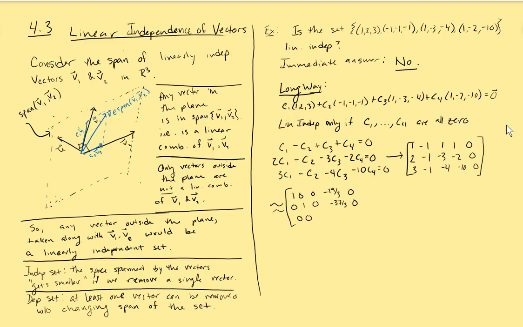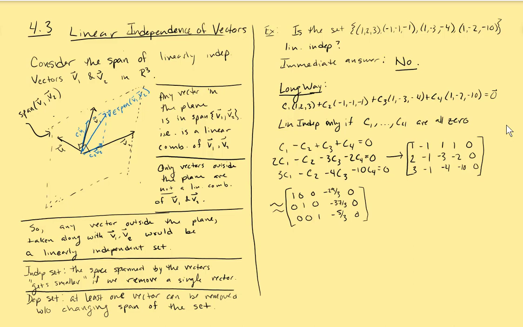And finally 0 0 1 negative 5 thirds, 0. And again, I'll let you check the computations there for yourself. Sorry about that. But this is what I get.